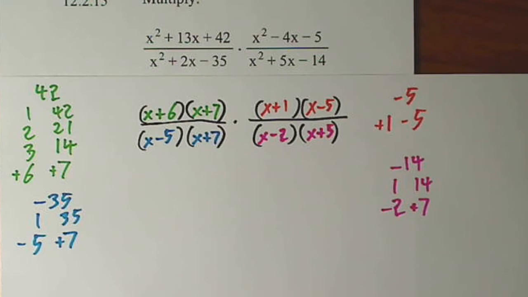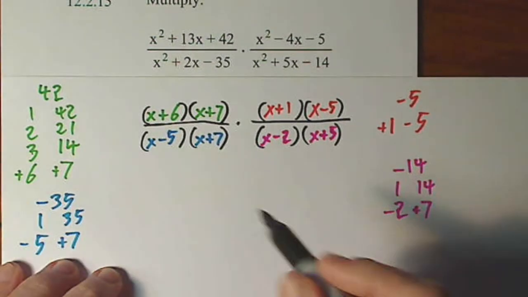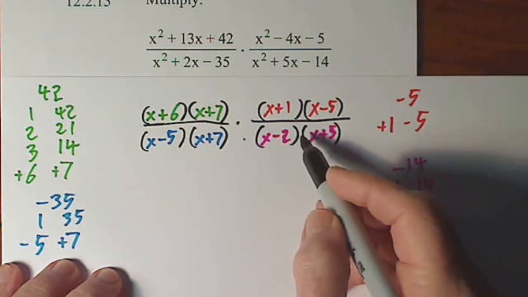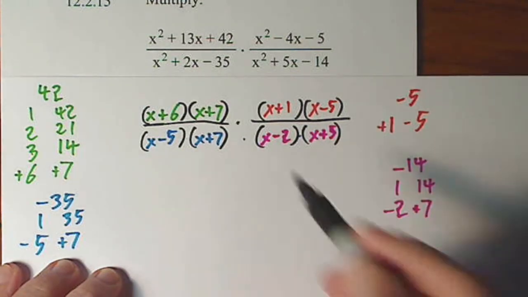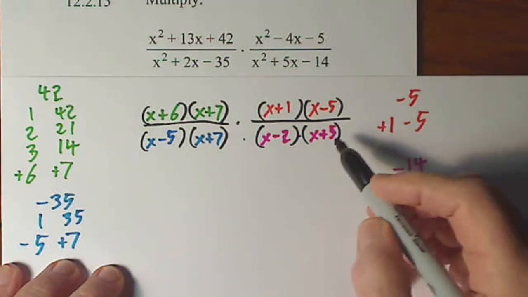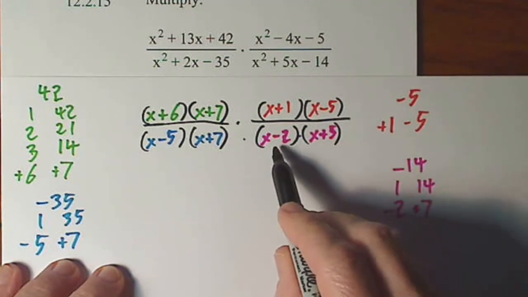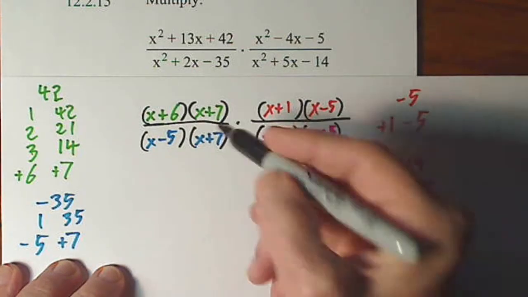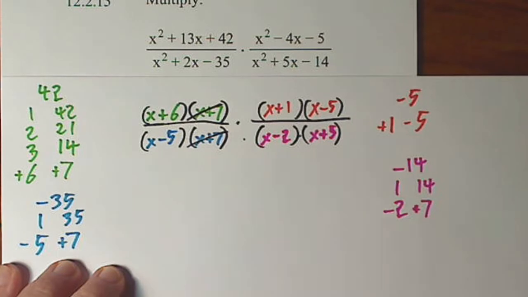Now we have everything being multiplied, each set of parentheses is being multiplied. So I'm allowed to cancel a set of parentheses if they match up exactly. So I have an x plus 5, but nothing to match it with, the x minus 2, x plus 7 and x plus 7, so they cancel.